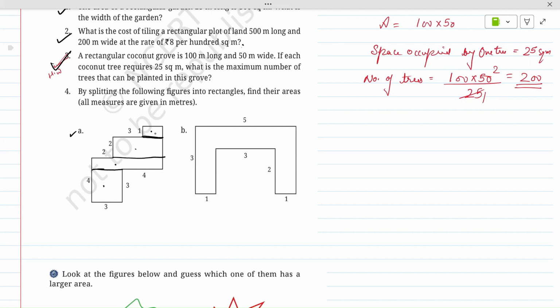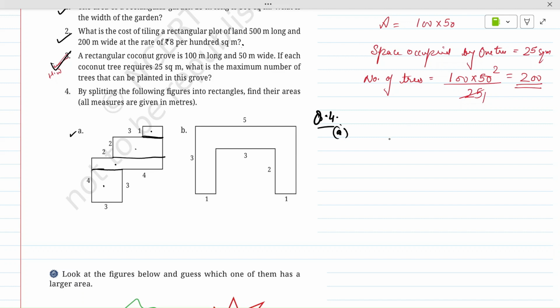And we have all the measurements given to us. For the first one, what is the measurement of this? This is the breadth of this one and this is the length of this one. So if you see this figure, I'm writing here question number 4, part A, the areas.